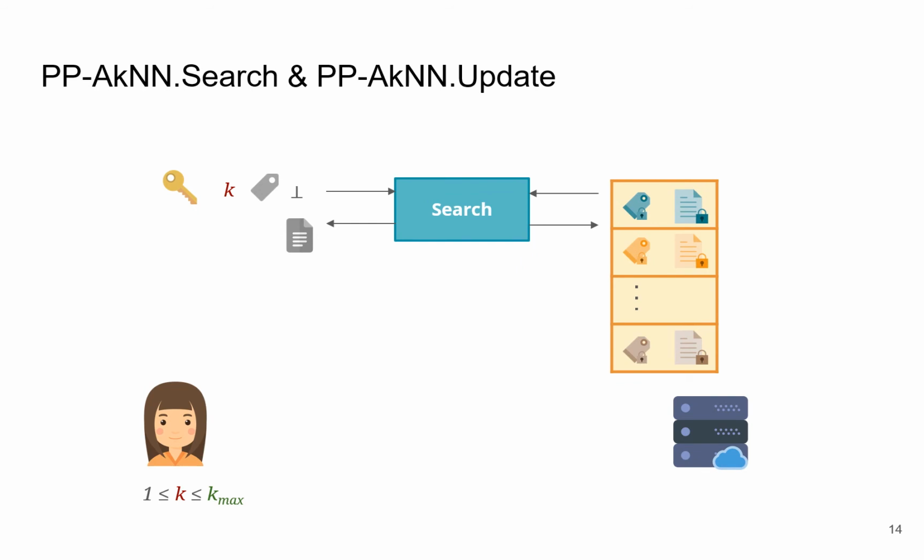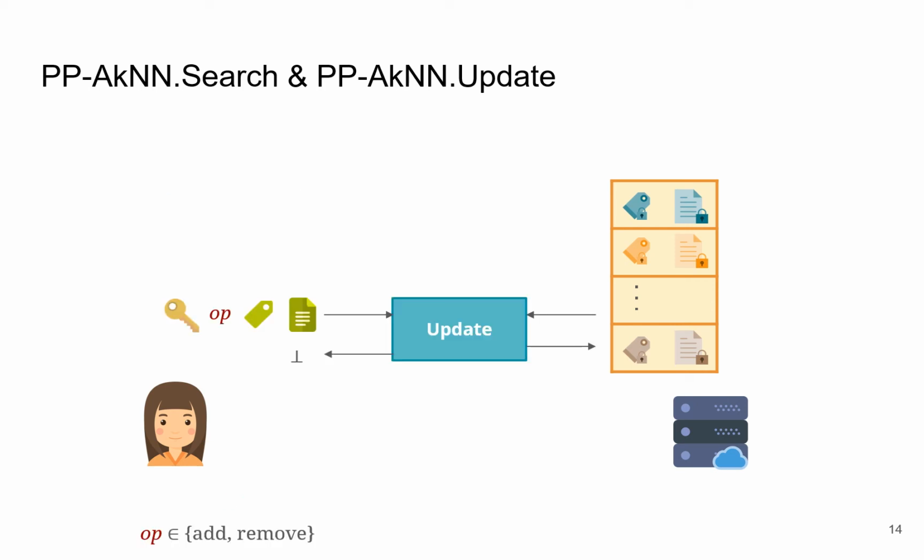For the search algorithm, the client will input her secret key, a secret parameter k that is from 1 to kmax, and her keyword tag. The server will input the encrypted database. At the end of the search algorithm, the client will receive the response, and the server will update the encrypted database.